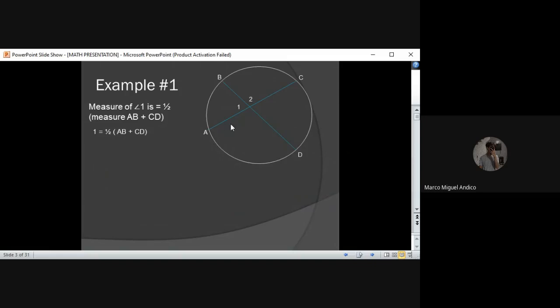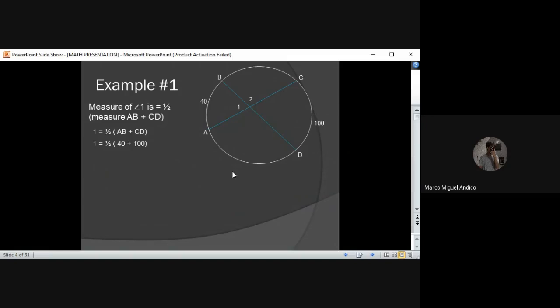So I have a formula here. Measure of angle 1 is equal to half of AB plus CD. As you can see, I get the measure of AB and CD. So I distribute the measurement of AB and CD, which is 40 plus 100.